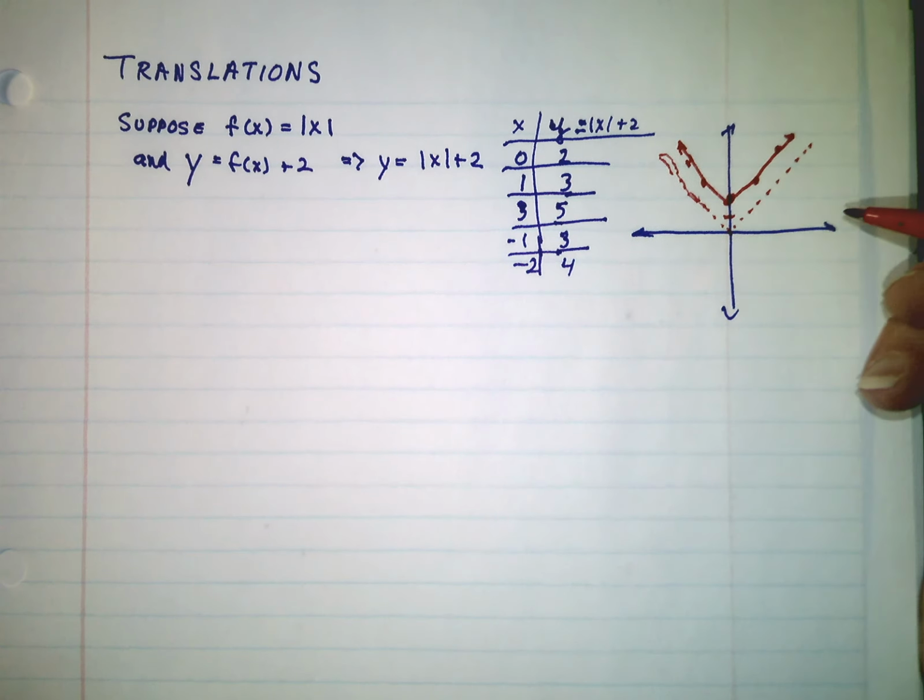If we have y equals x cubed minus 2, what do you predict is going to happen? Just going to make another rough sketch. So I know the original y equals x cubed looks something like this.